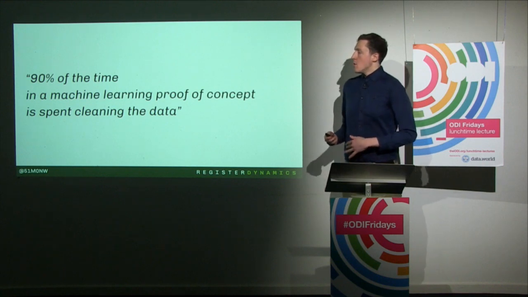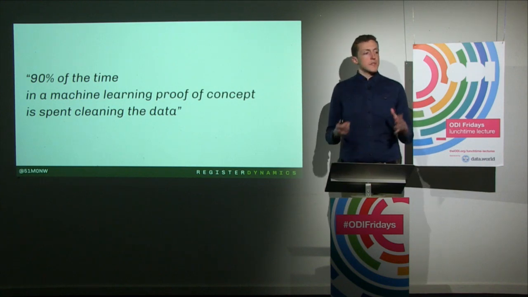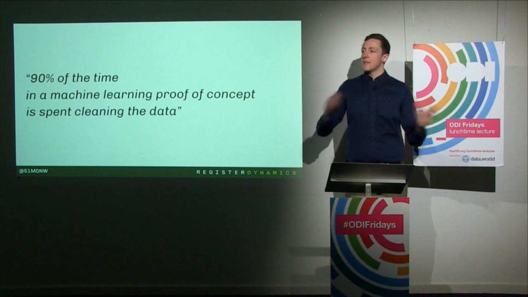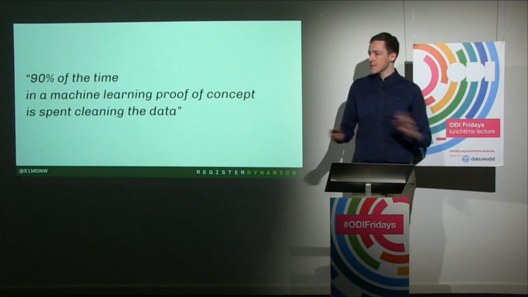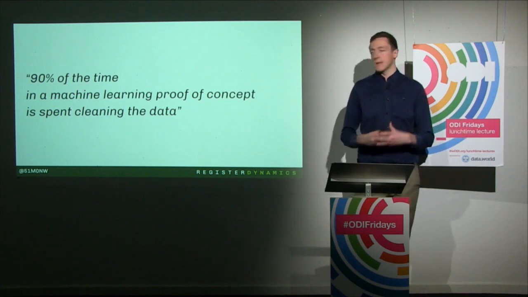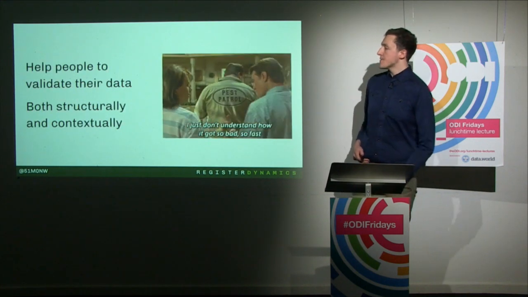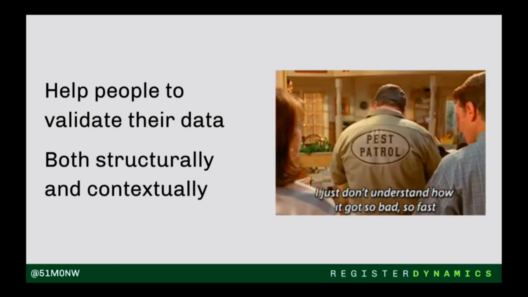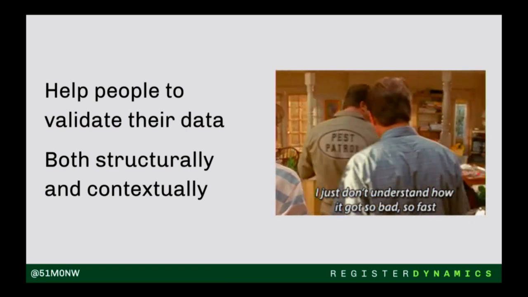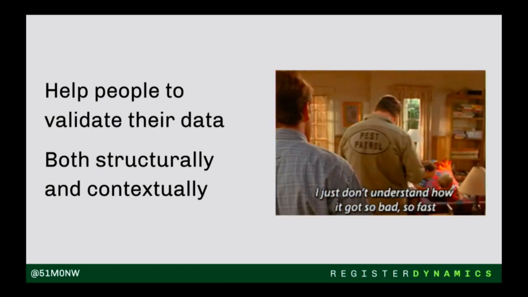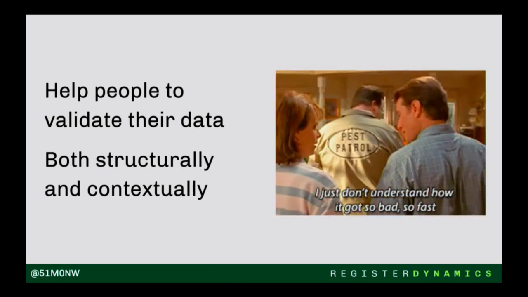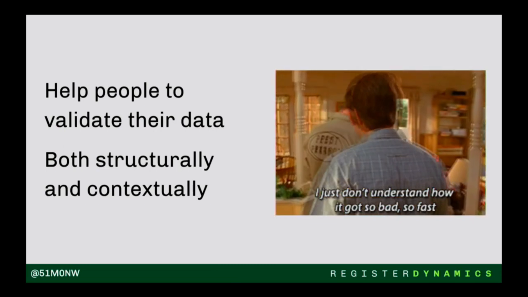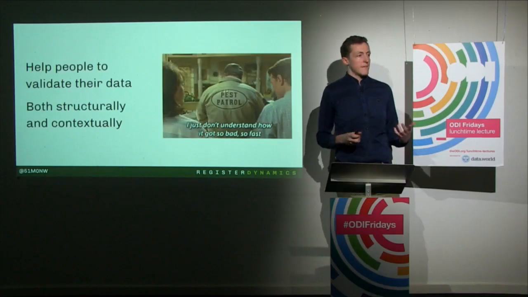So how do you go from having independent sets of data standards to having a more cohesive thing? The first thing you need to do is help people validate their data. Let me step back a second. There are 2 things data scientists end up doing a lot of in that 90%.